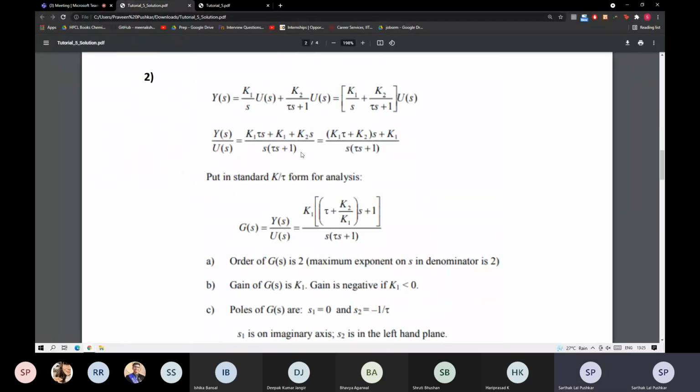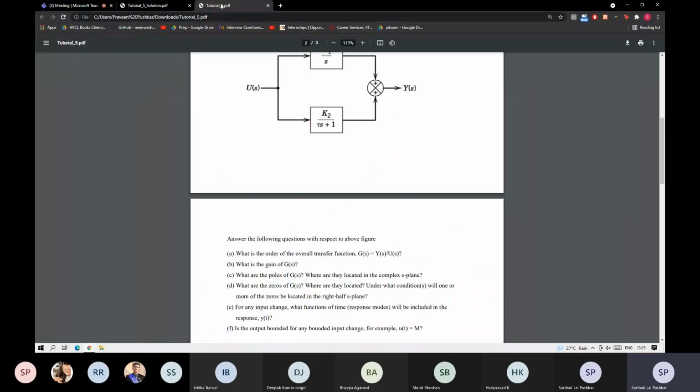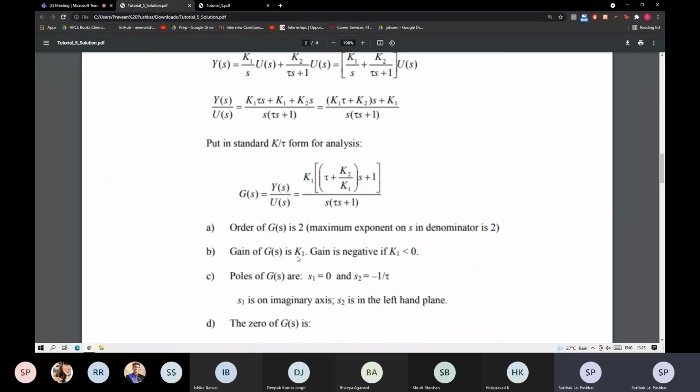So the gain of this transfer function will be k1. When we compare it to the standard form, we get k1, and gain can be negative if k1 is negative. The next is the poles and where are they located.